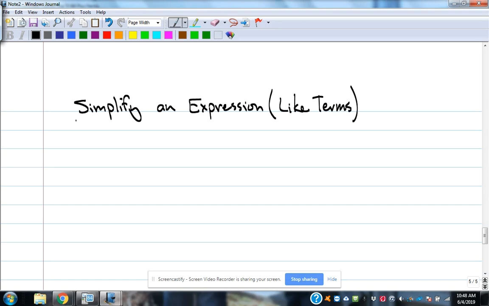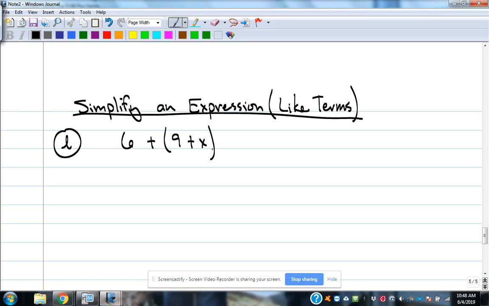Like terms means it has the same variable and same exponent on that variable to be a like term. So x's add to x's, x squareds don't add to plain x's, but x squareds can add to x squareds. So first example, 6 plus 9 plus x.